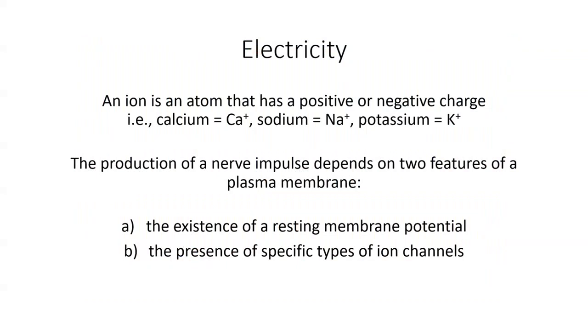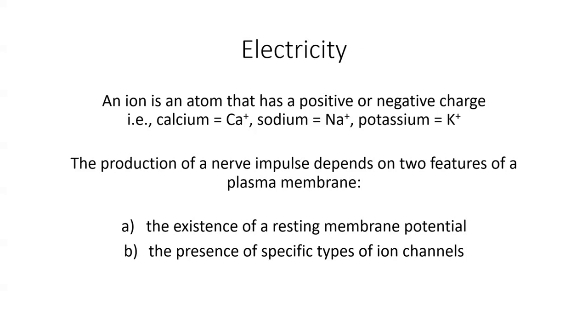So the generation of a nerve impulse, which is the electrical signal that a neuron uses to communicate, is possible because of two important features of the plasma membrane: the existence of a resting membrane potential and the presence of specific types of ion channels within that membrane. So resting membrane potential is the difference in an electrical charge across a membrane.